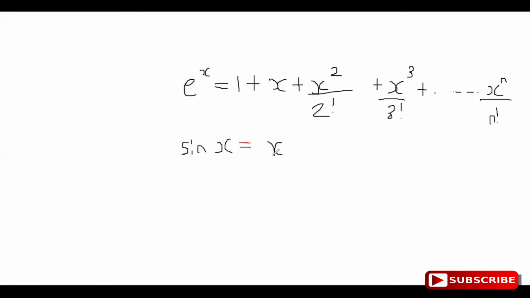So it is x minus x cubed over 6, which is 3 factorial. And then you alternate the sign. It's going to be plus x to the 5th over 5 factorial, minus x to the 7 over 7 factorial, and it continues.